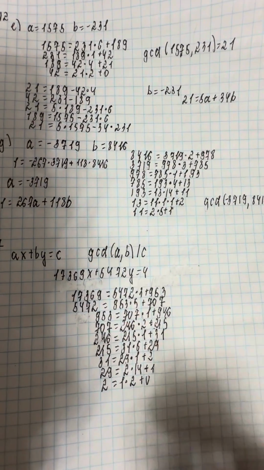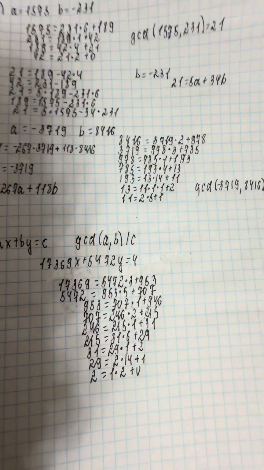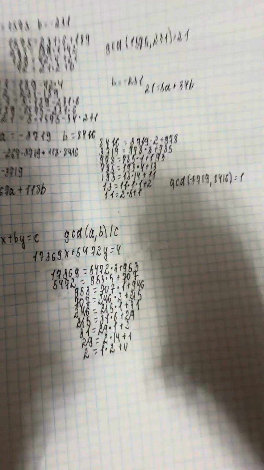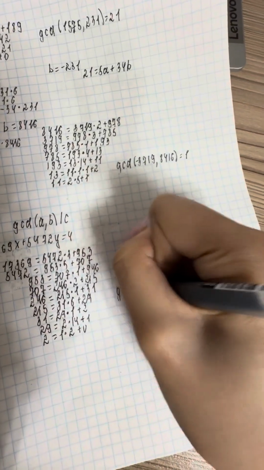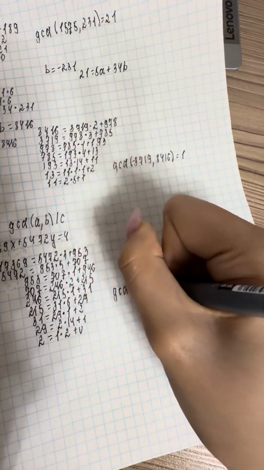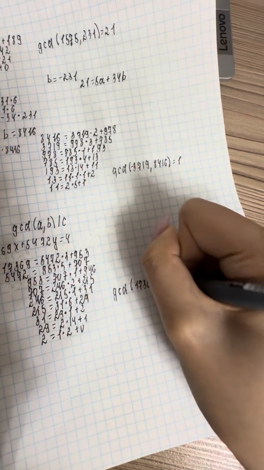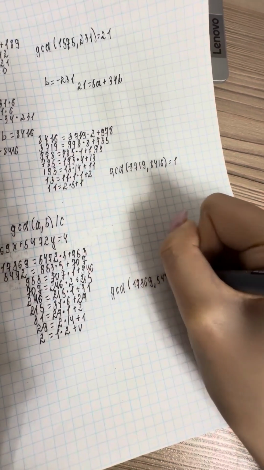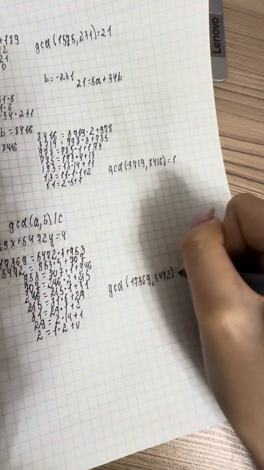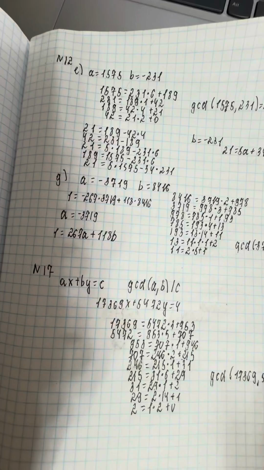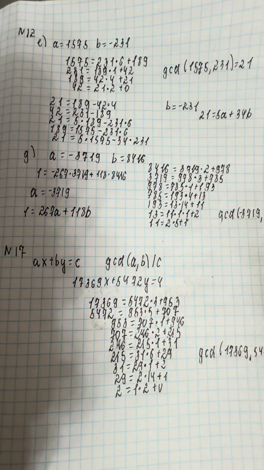And the last non-zero remainder is 1, so the greatest common divisor of these coefficients is 1. And since 1 divides 4, an integer solution exists.